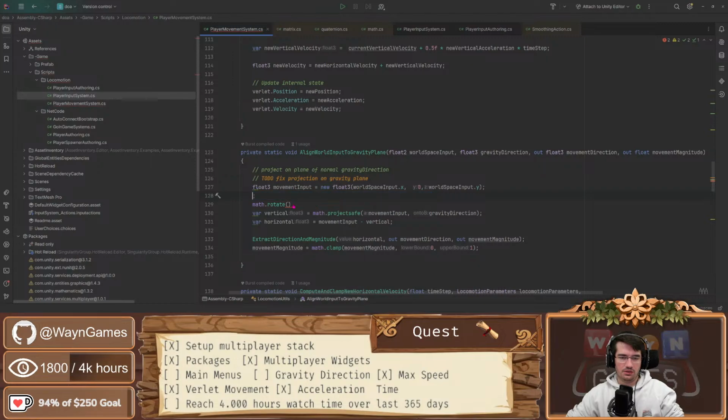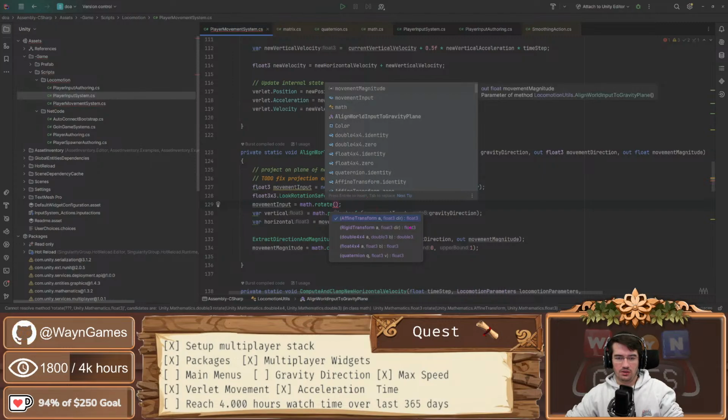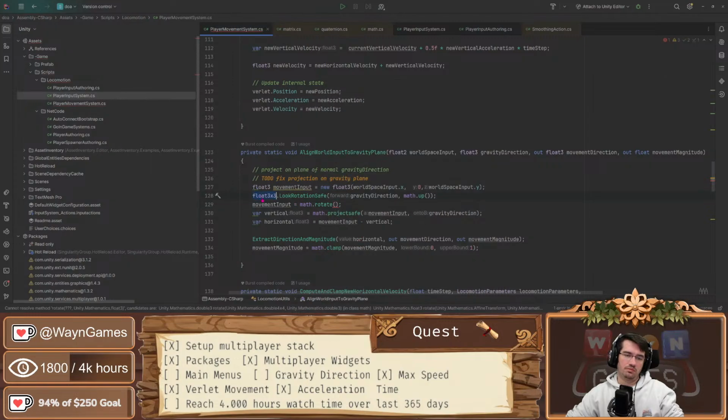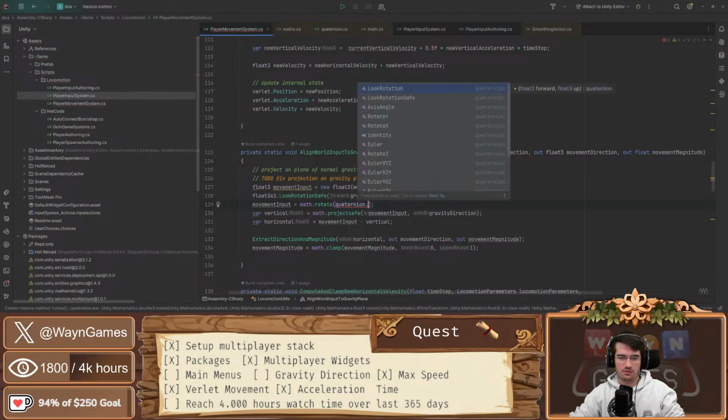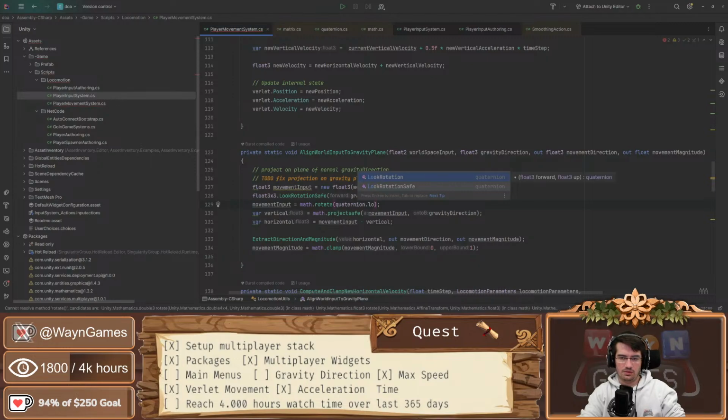So I have the look rotation safe, and I should now be able to rotate the movement input vector by that and assign it back. Quaternion dot look, there is a look rotation safe.